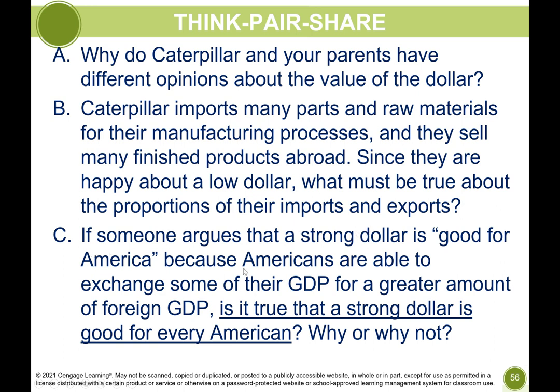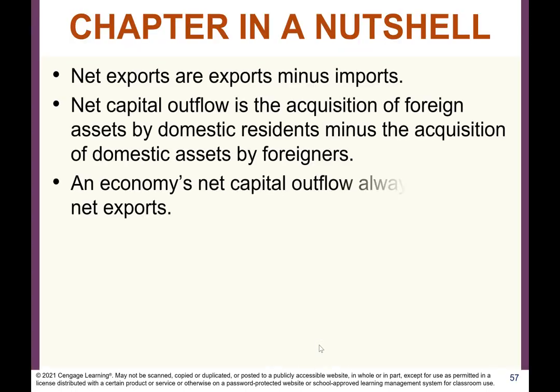Number C. If someone argues that a strong dollar is good for America because Americans are able to exchange some of their GDP for a greater amount of foreign GDP, is it true that a strong dollar is good for every American? Why or why not? Think.